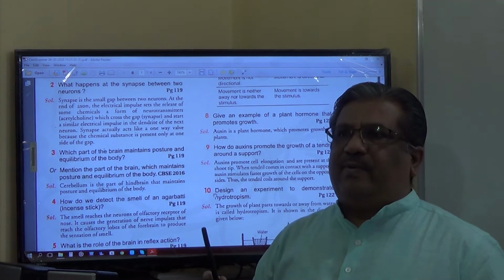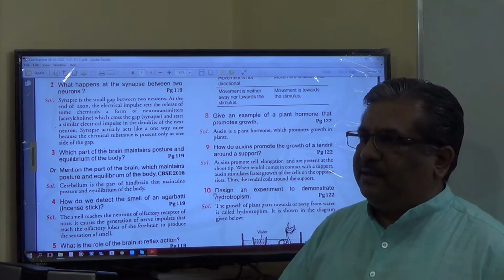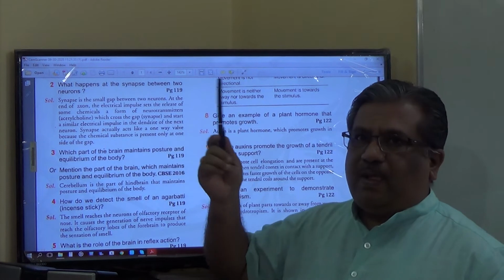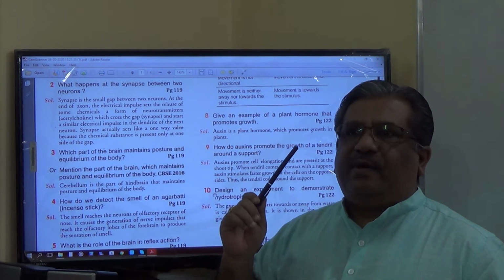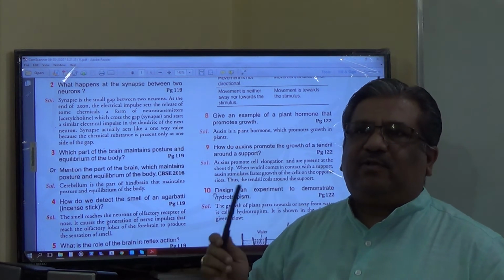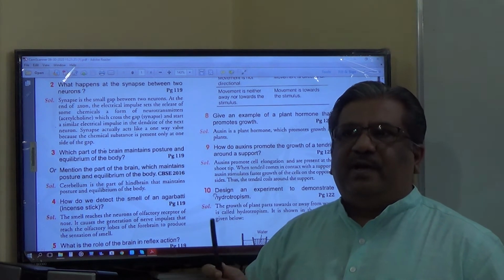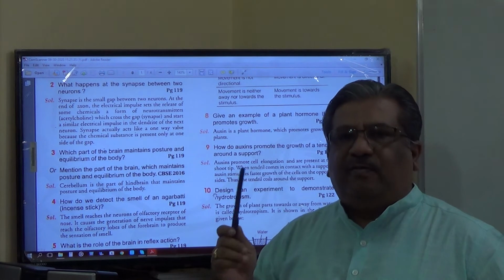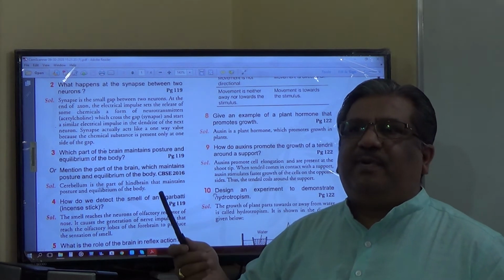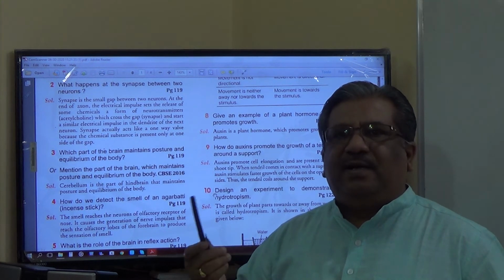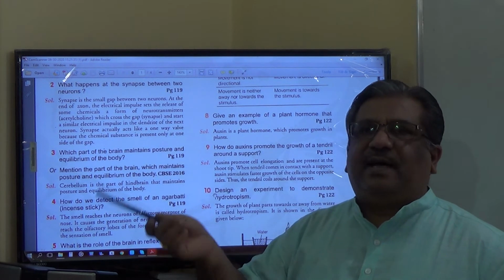Synapse is a junction between two neurons. At the synapse, the electrical signal sets off the release of a chemical which moves from the nerve ending of one cell to the dendritic tip of the other cell, and it initiates once again the electrical impulse, and that is carried forward.